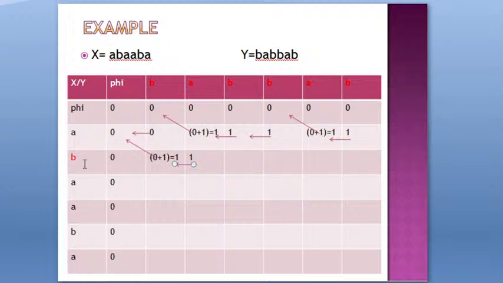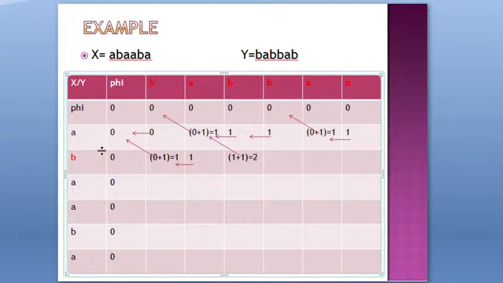Now next is B with B. Now check. B with B matched. So if it is matched, what I told you, take the diagonal element of it. So this is the diagonal element. Now my diagonal element is 1. Now again I need to perform +1 as it is the formula. So 1 plus 1, which is 2.